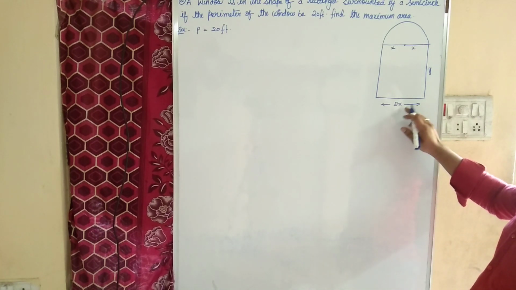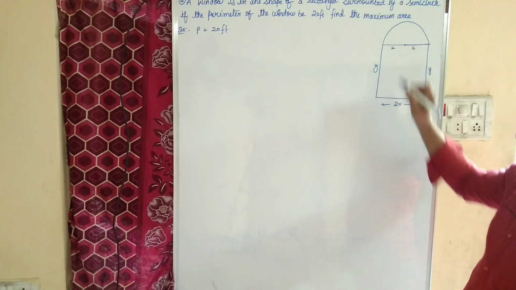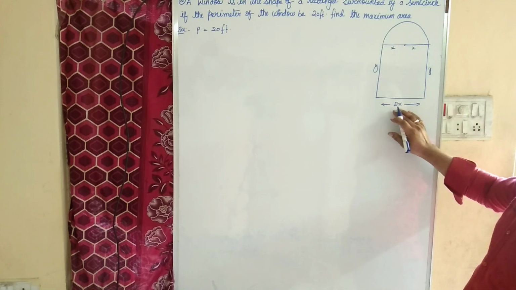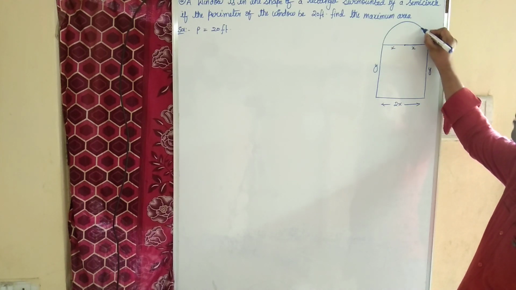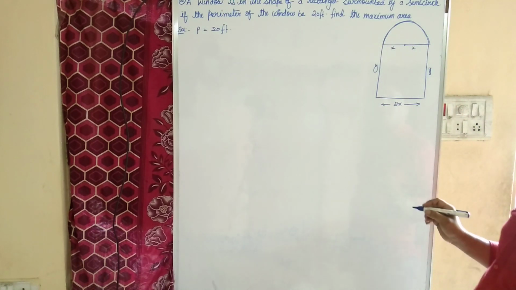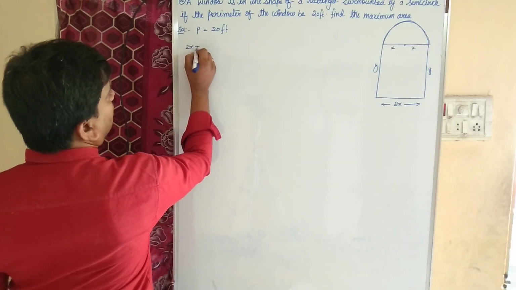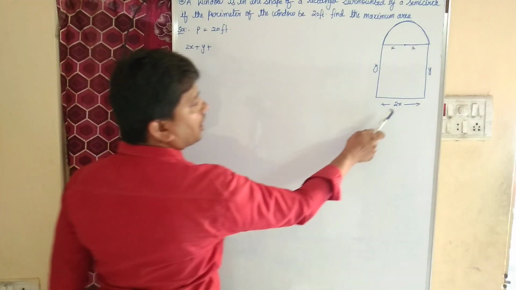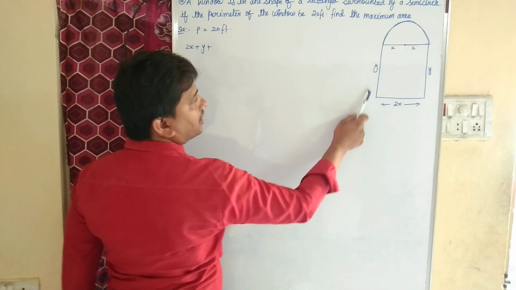So because perimeter is 2x plus y plus this part, this is y, this is 2x and this is y, and we need to find the sum of the lengths of its sides. Okay children, perimeter is 20 feet, one side is 2x and the other is y.